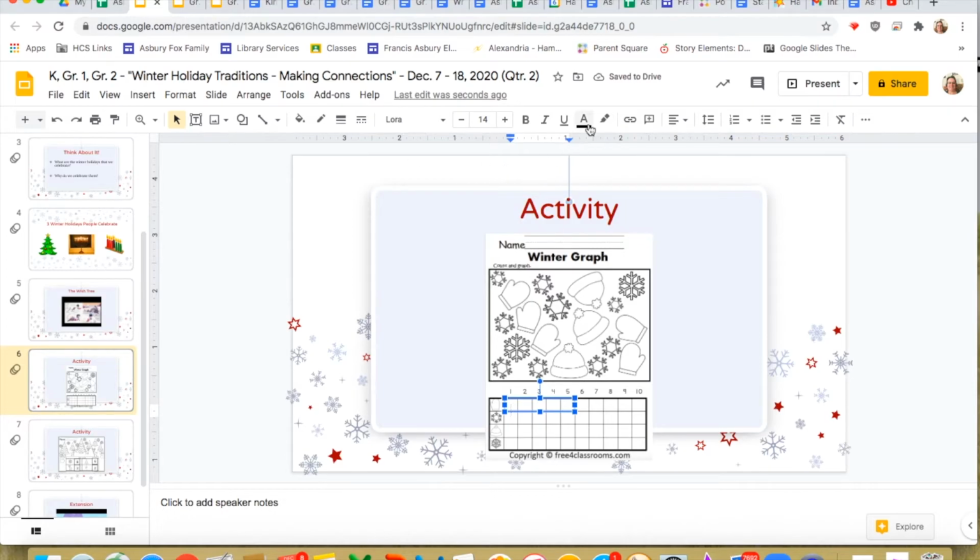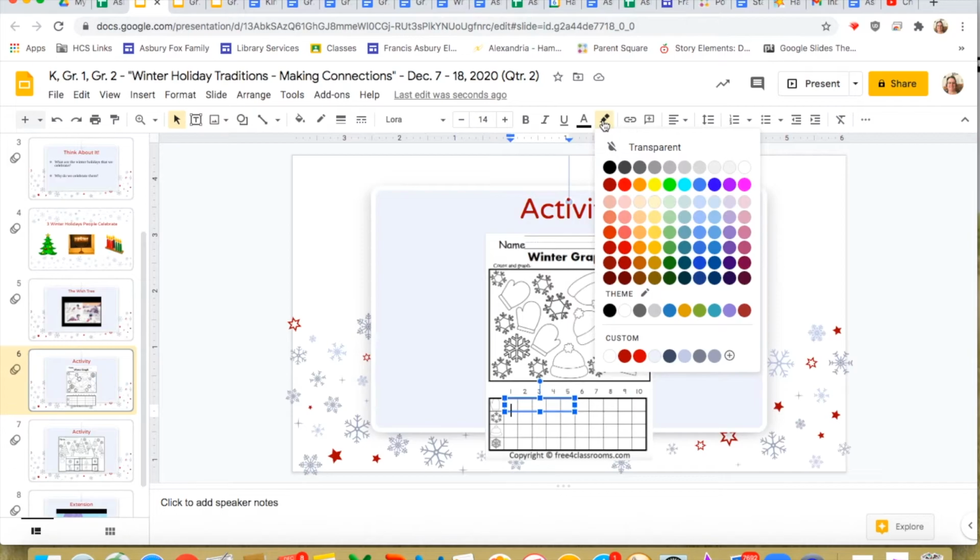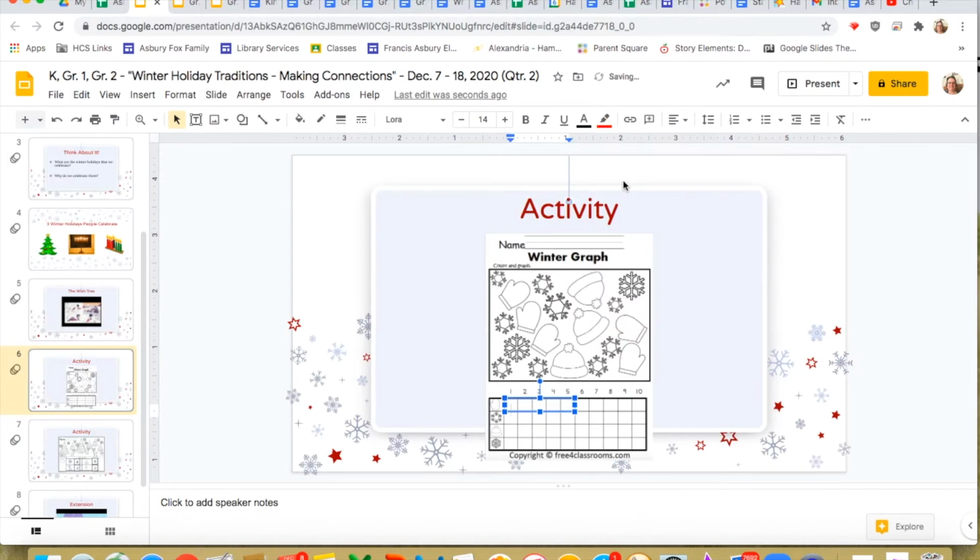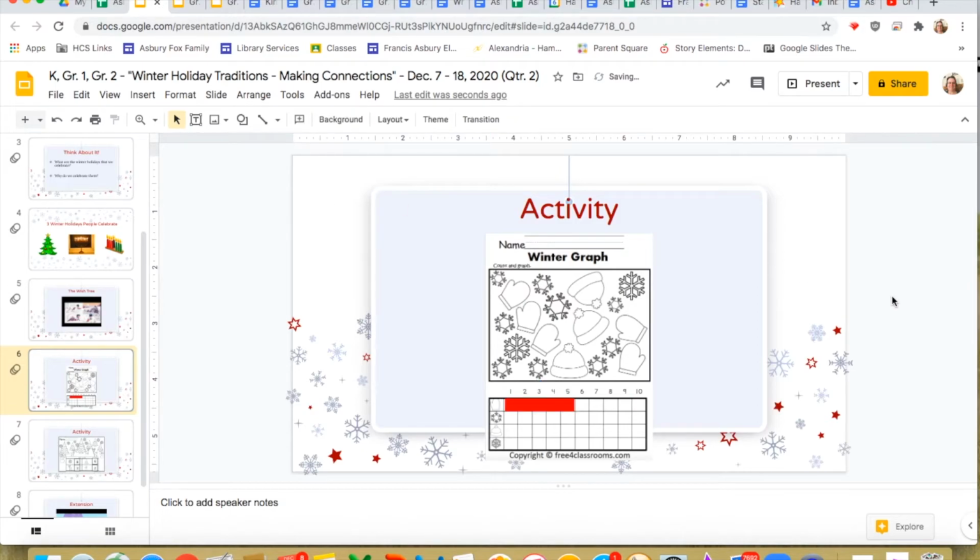And while you guys are coloring in 5 boxes. Oh, hold on. Miss T didn't do that right. There we go. Okay, so you can see Miss T colored in 1, 2, 3, 4, 5 boxes. And I used red, but you can use whatever color you want.